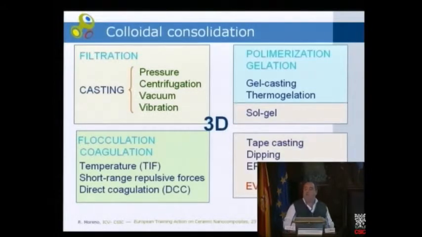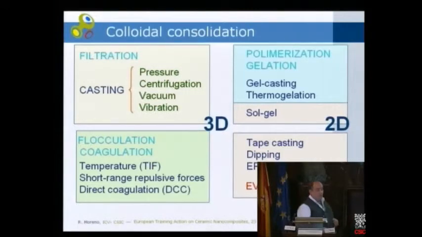We can also promote gelation in the sol-gel process by inorganic hybrid reactions, and we can also consider other techniques in which evaporation has a key role for the formation of materials with two-dimensional geometry.